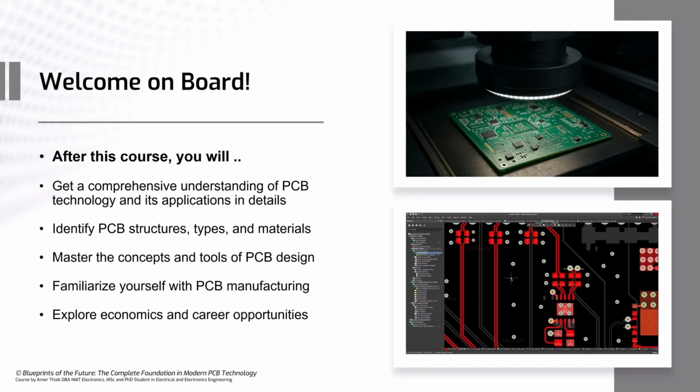This includes understanding where PCBs are used, why they're essential, and how they support the electronics that power our daily lives. Then, we'll dive into PCB structures, learning to identify various board types, layers, materials, and their functional roles. You'll know the difference between single-layer and multi-layer boards, rigid and flexible designs, and why those differences matter.